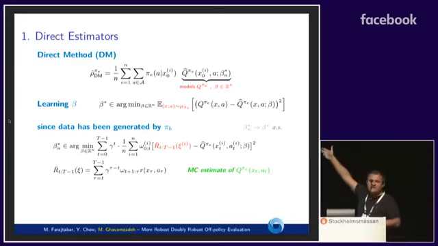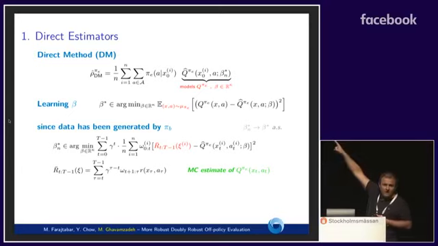And since the data is not coming from the evaluation policy but from the behavior policy, the cumulative importance ratios, those omegas, are also added there. And then the target Q is unknown. We replace it with the Monte Carlo return. And then this is going to be an unbiased estimate of the original objective function, and therefore the beta star n, the parameter that you estimate, almost surely converges to the beta star, which is the solution to the original problem.